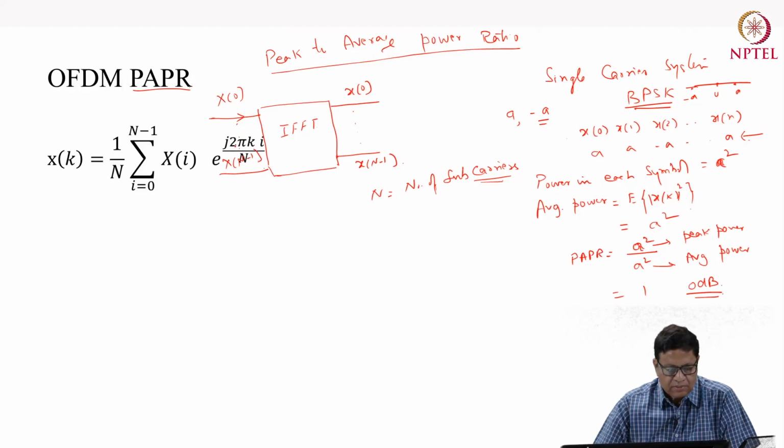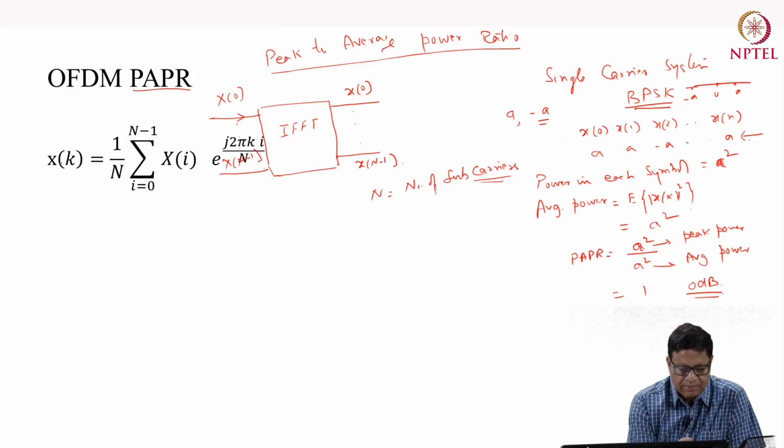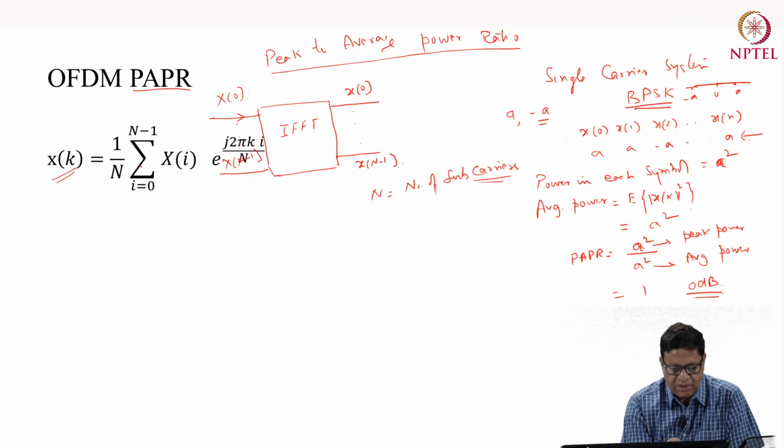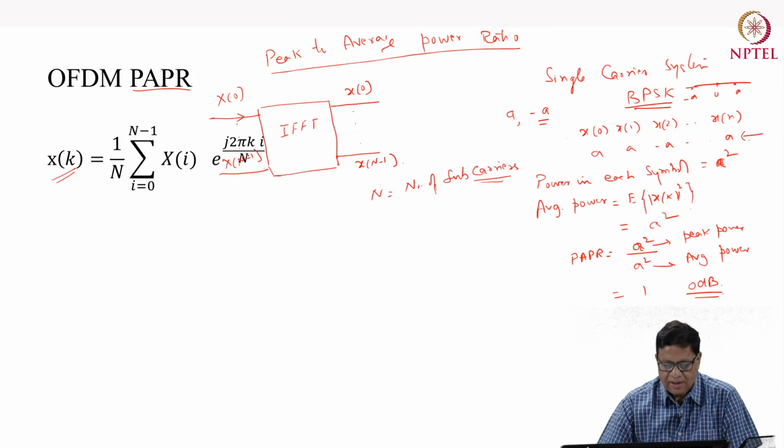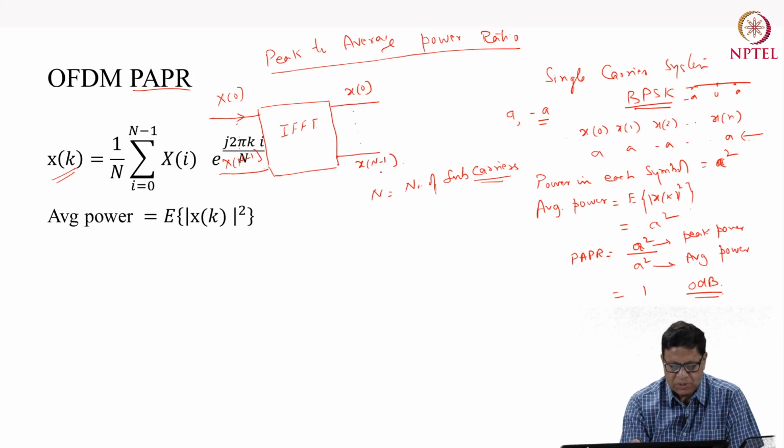Now the sample xk is given by 1 by n, summation i equal to 0 to n minus 1, data xi into e raised to power j 2 pi ki divided by n. The average power for these samples, x0 to xn minus 1, is given by the expected value of mod value of xk square.